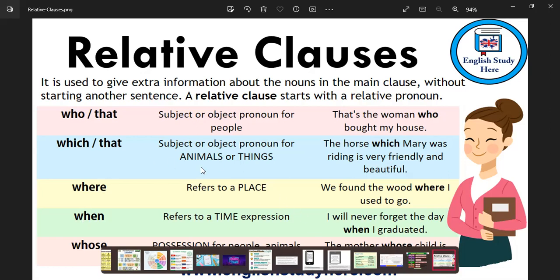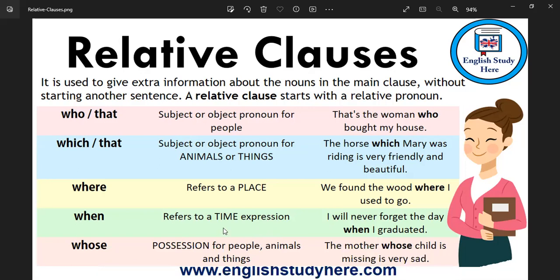Where for places. We found the wood where I used to go. When for time. I will never forget the day when I graduated. Whose, possession for people, animals, and things. The mother whose child is missing is very sad. So when we are going to begin a relative clause or an adjective clause, we always use one question word.